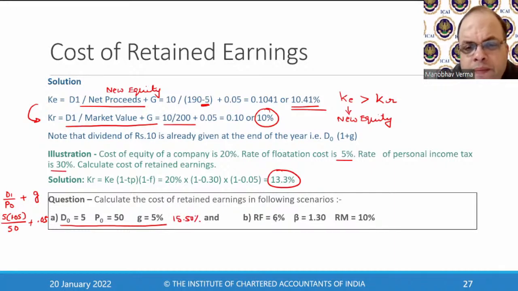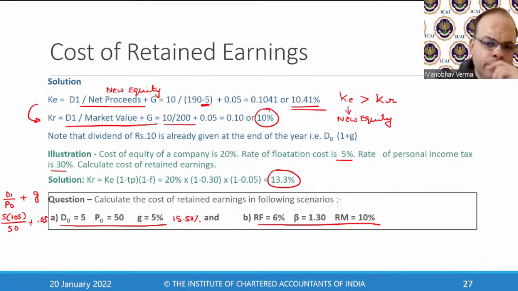What about question number B, which is the capital asset pricing model? Let's see what question number B is.